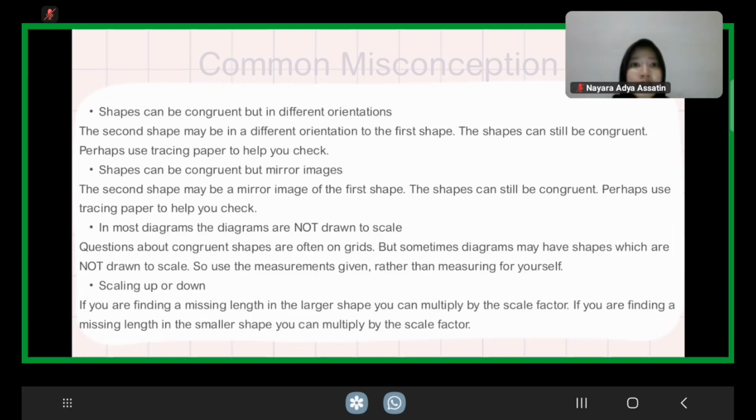And last but not least, scaling up or down. If you are finding a missing length in the larger shape, you can multiply by the scale factor. If you are finding a missing length in the smaller shape, you can divide by the scale factor.